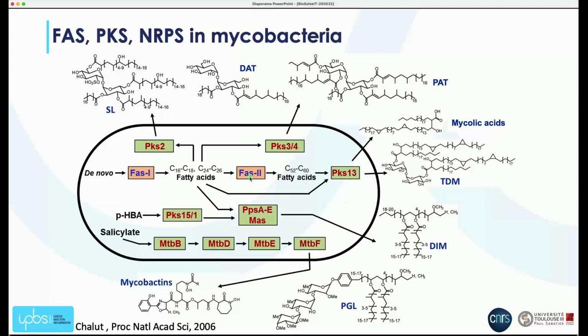Then the short-chain and long-chain fatty acids are condensed by the enzyme Pks13 in order to build mycolic acids like this, which are also found in other, more complex compounds. The FAS2 system is very specific to mycobacteria, and it's already targeted by many of the antituberculous compounds.